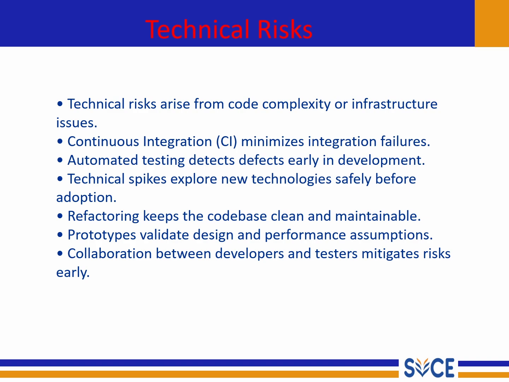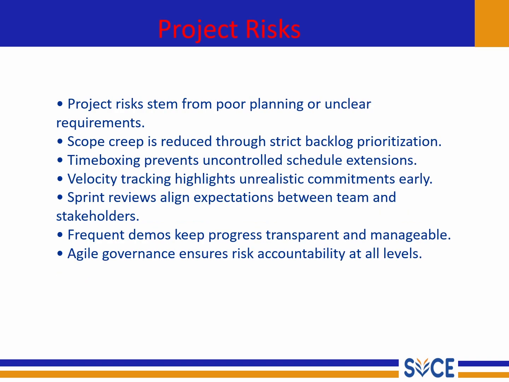Now we see the next type of risk, that is the project risk. Project risks stem from poor planning or unclear requirements. Scope creep is reduced through strict backlog prioritization. Time boxing prevents uncontrolled schedule extension.